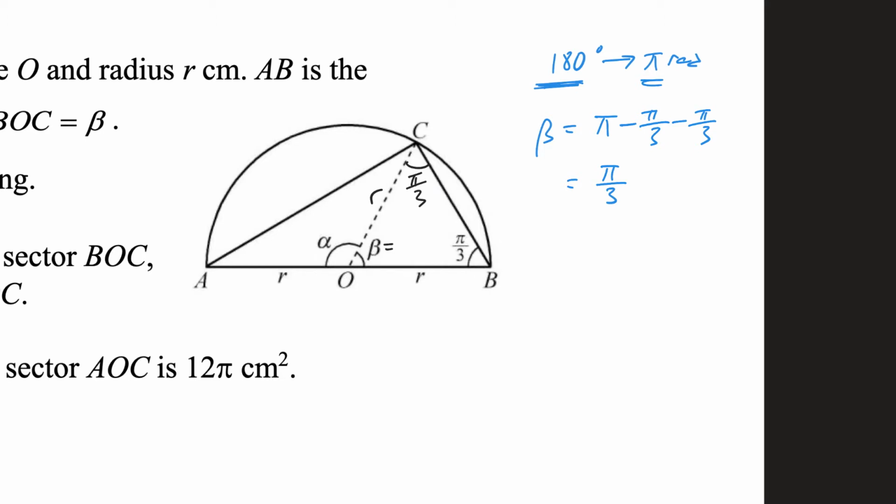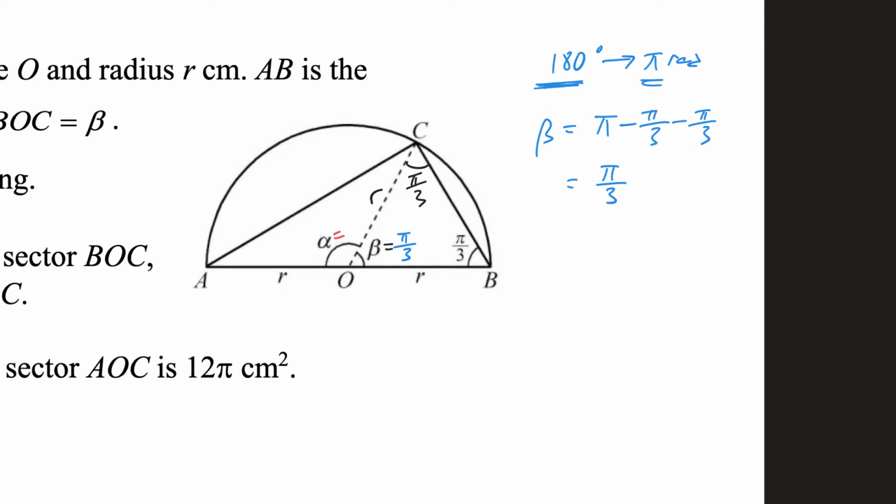Wow, so actually all the angles are the same. So this triangle, since all angles are the same, is an equilateral triangle. Yep.